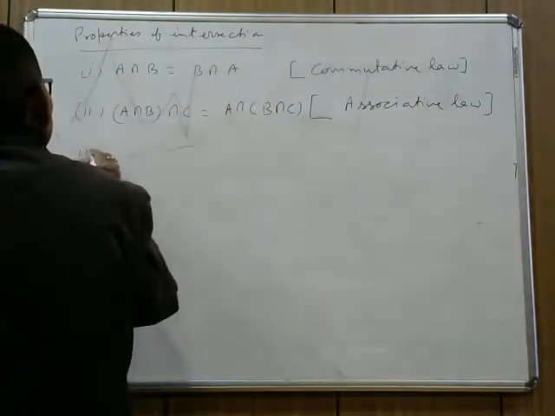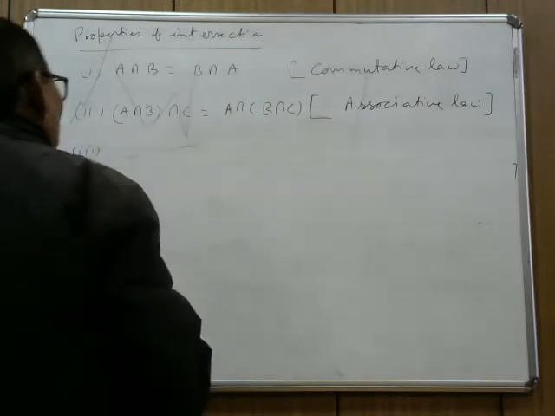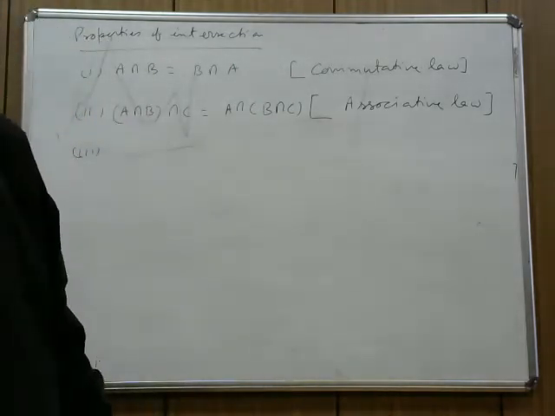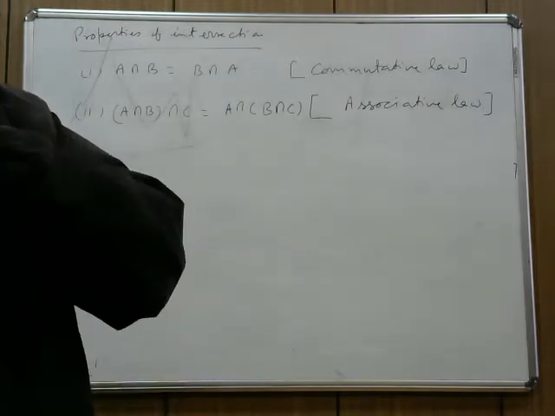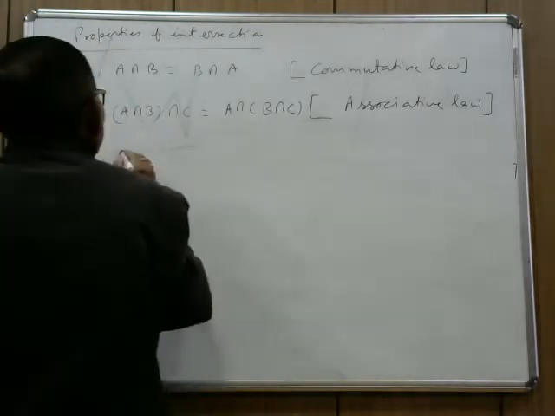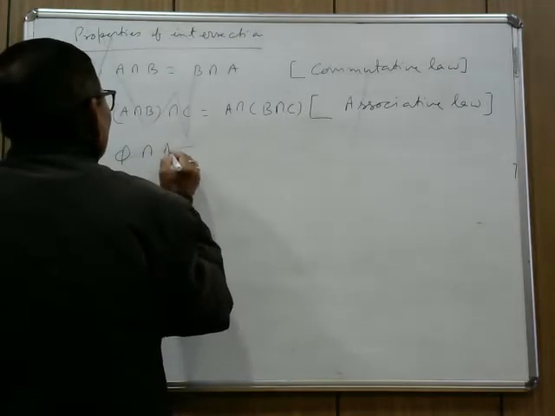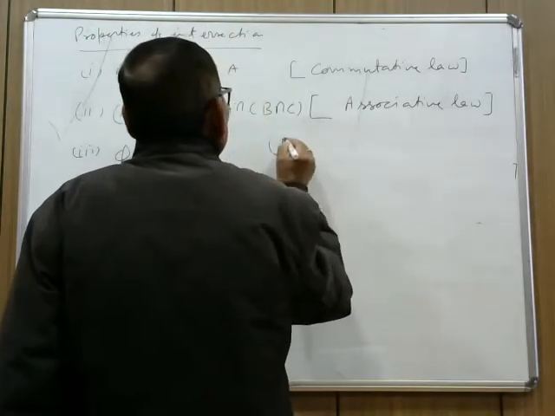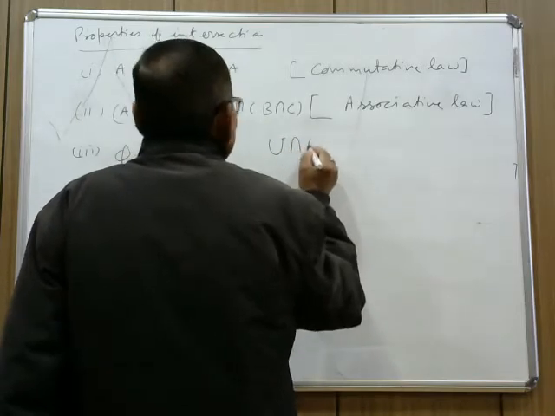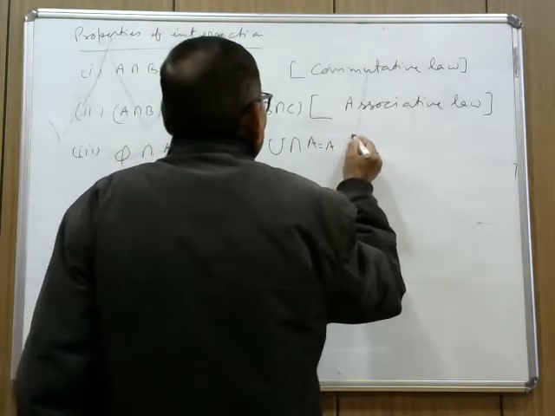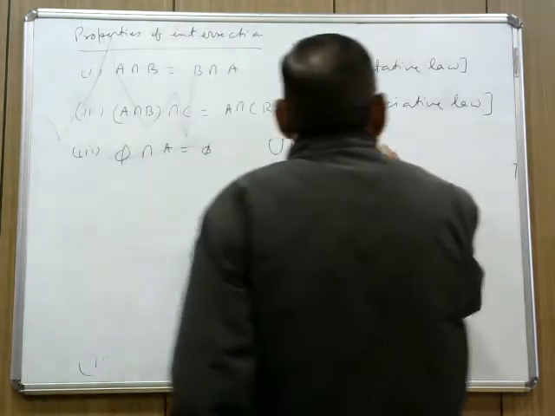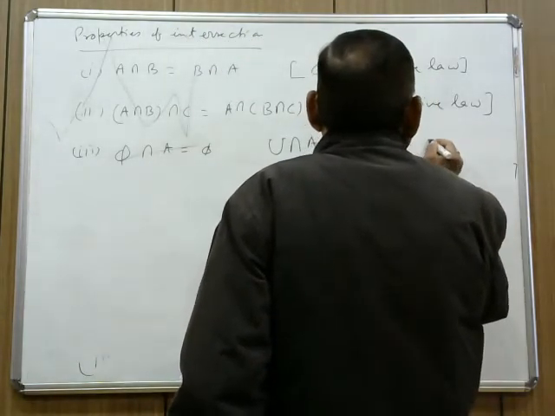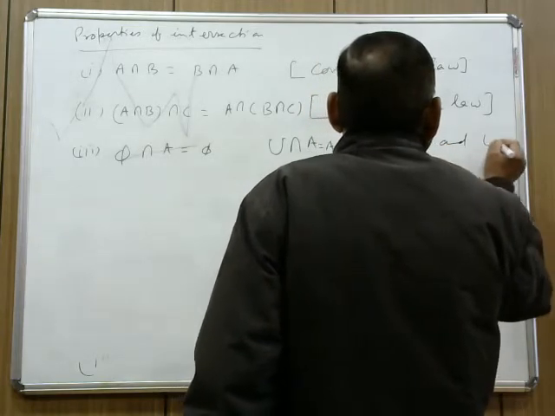Third, phi intersection A, null set intersection A is phi and universal set intersection A is A. This is the law of phi and universal set.